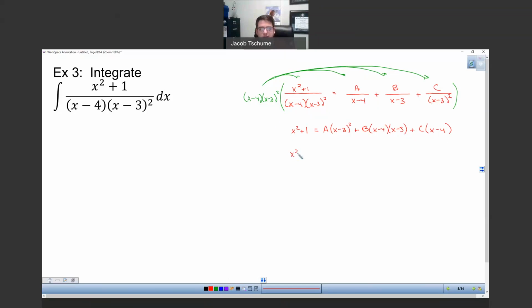So if I were to expand everything on the right, that would be A times, that becomes x squared minus 6x plus 9, plus B, FOIL these two terms together, and you get x squared minus 7x plus 12, and then plus C times x minus 4. Distribute your unknown constants through.